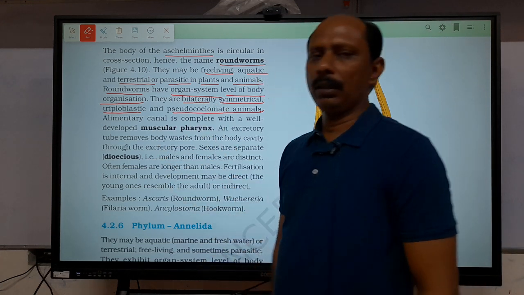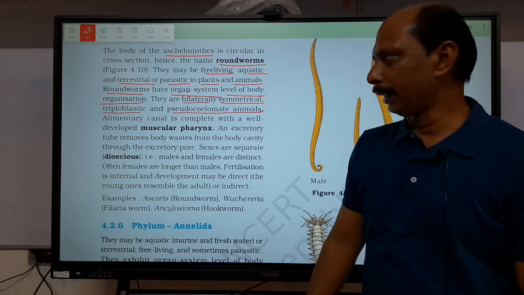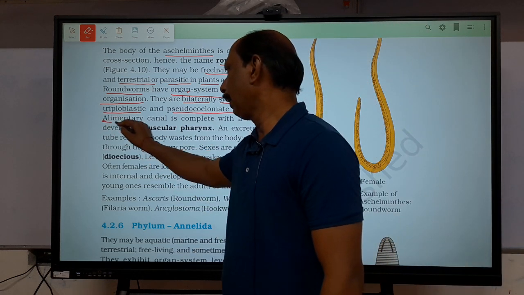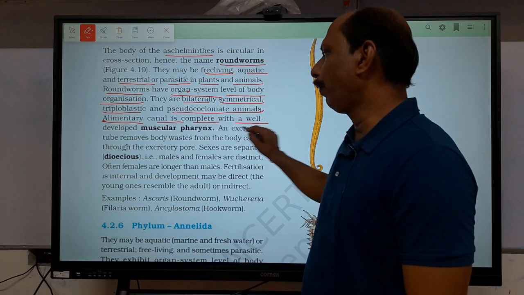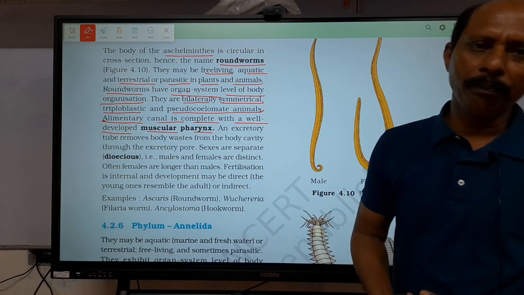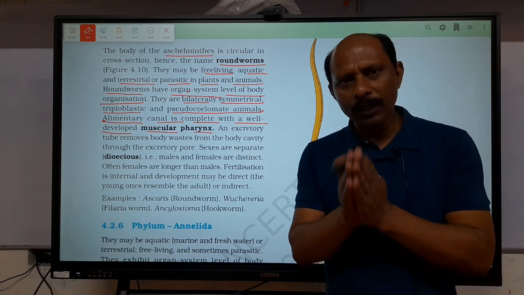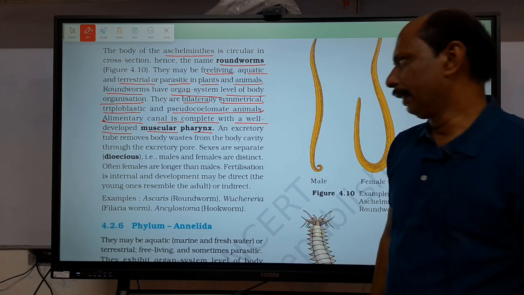And this is the first phylum in which we find organ system level of organization. The alimentary canal is complete with a well developed muscular pharynx. Complete means it has two separate openings, mouth and anus, right?